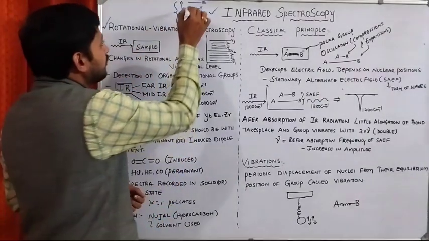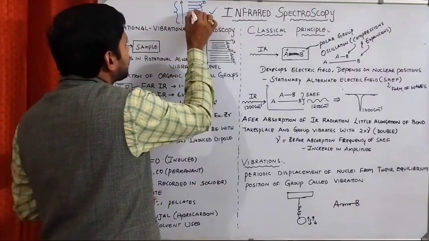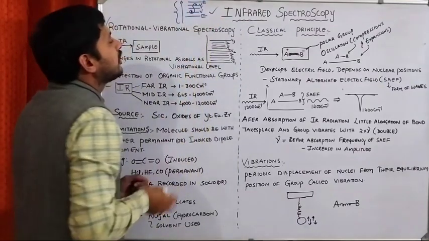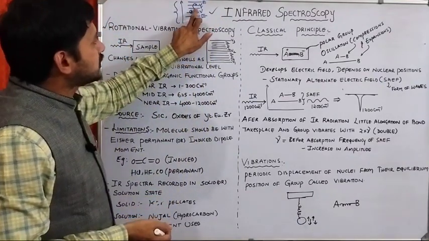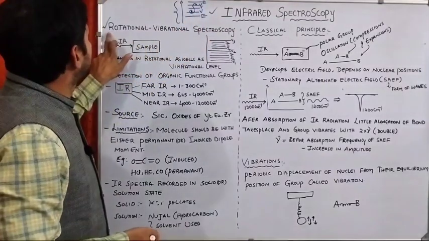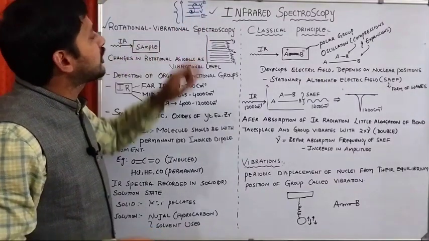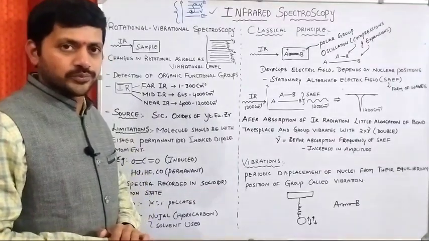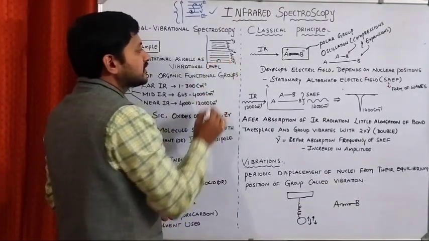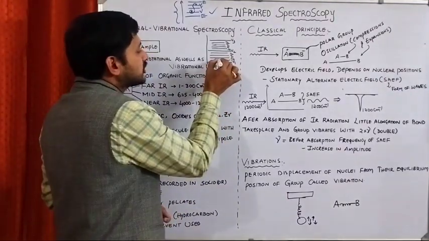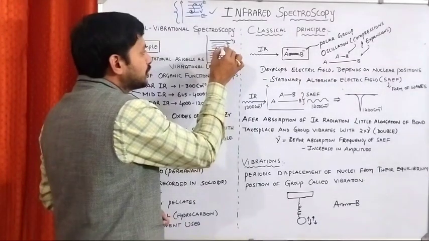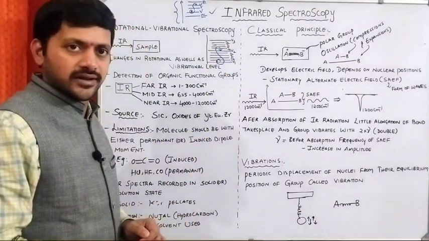Suppose the particle wants to jump from one vibrational level to another vibrational level, the particle should cross what? The rotational level. That's why this spectroscopy is commonly called rotational vibrational spectroscopy. Right? The interaction of IR radiation with the sample brings about changes in the molecules from one vibrational level to another vibrational level.